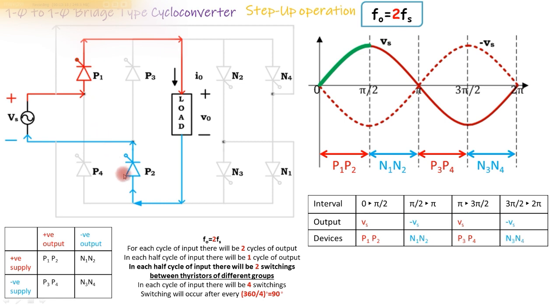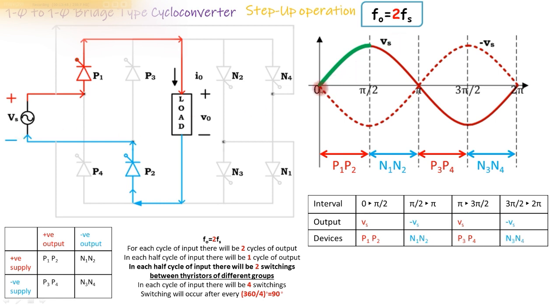When P1 and P2 are fired, the current flows through the devices and load as marked by these arrows. Therefore output is positive. The output is now shown in this dark green line, which is equal to Vs. So in this interval 0 to 90 degrees, output voltage V0 is equal to plus Vs.